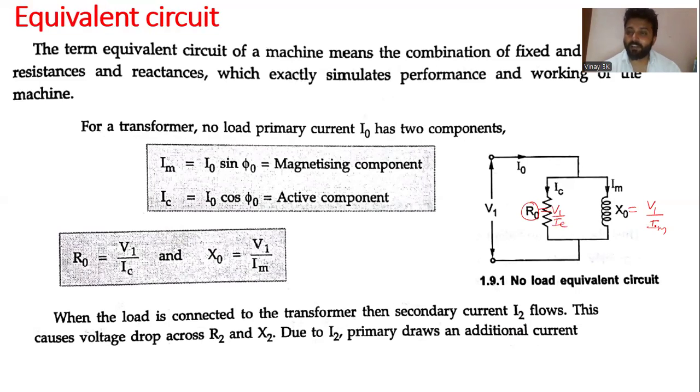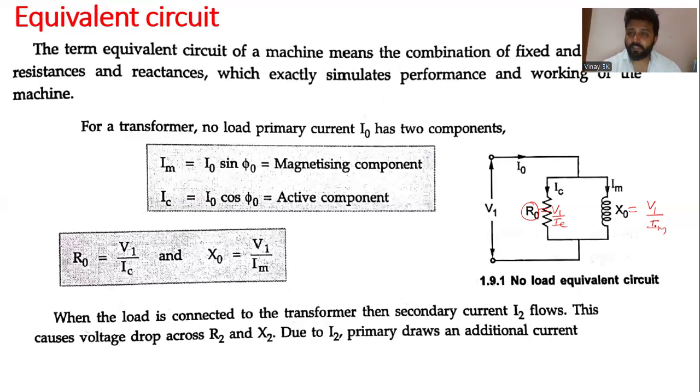R2 is the secondary winding resistance, and X2 is the secondary winding reactance. So that will be produced as a drop because of I2, the current flowing through the load or the secondary winding. Hence if there is a load current, there is an additional current drawn from the primary winding, that is I2 dash.